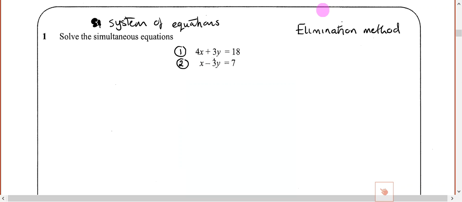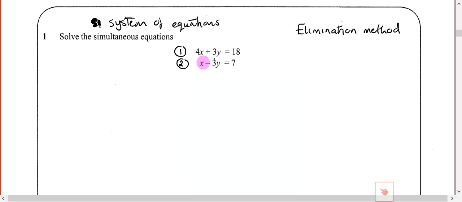That would be a substitution method. That was the first method. We need to recap on that because you probably forgot it. What does it mean to use the elimination method? If we use a substitution method, we substitute in. So if we're using elimination method, we are getting rid of numbers.